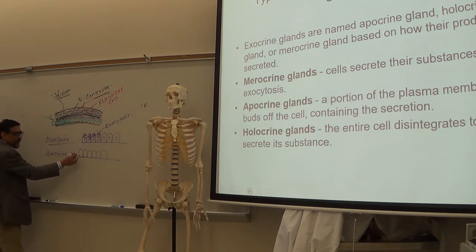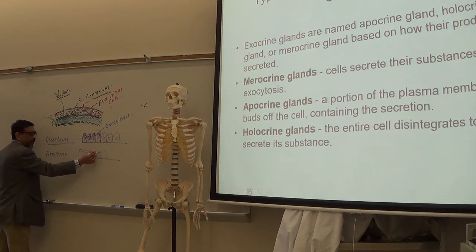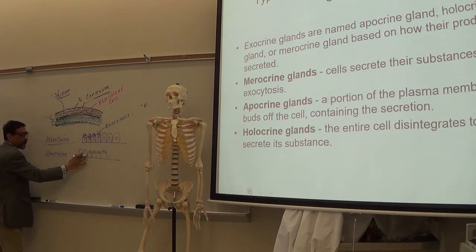You see, no vesicles are there. These are the chemicals inside the cell. They first are everywhere inside the cell, then move up to the top portion, the apical end of the cells, and accumulate there.